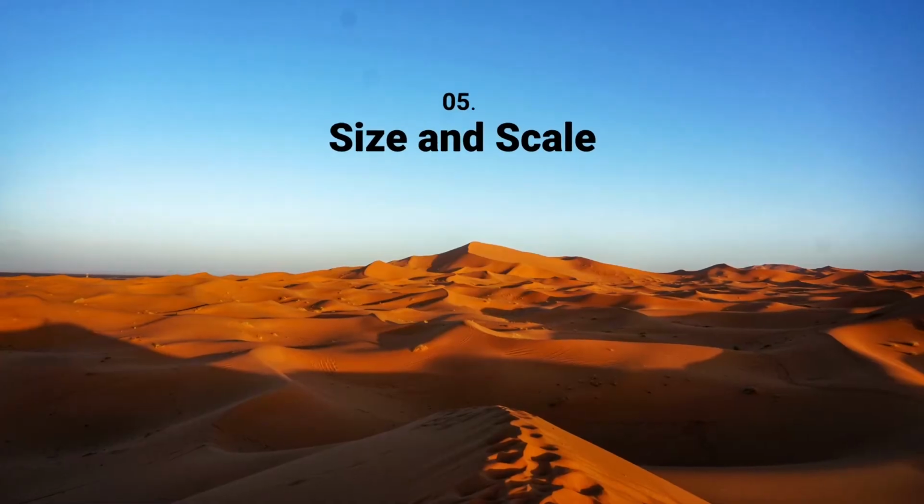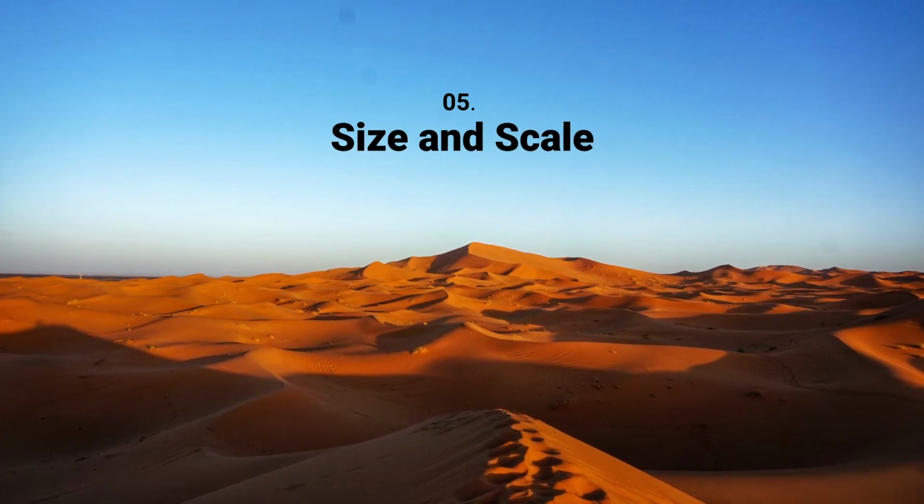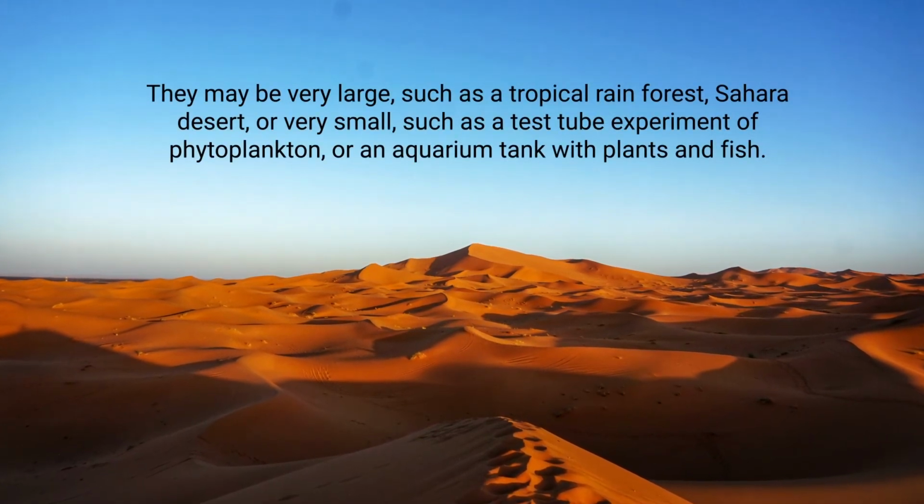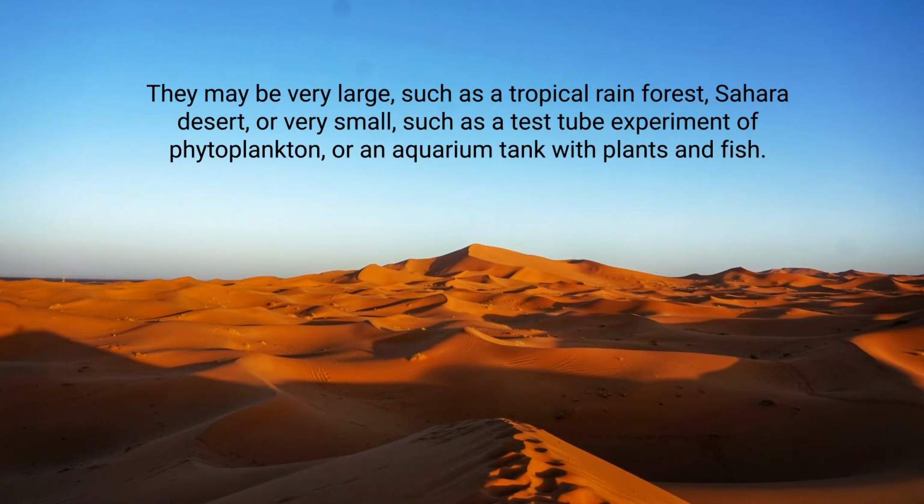The fifth one is size and scale. The size and scale of an ecosystem can vary widely. We may see very large ones, such as the tropical rainforest, the Amazon forest, or the Sahara desert, or very small ones, such as a test tube experiment of phytoplankton. That's also an ecosystem in which we do experiments. An aquarium tank with plants and fishes is also an ecosystem.